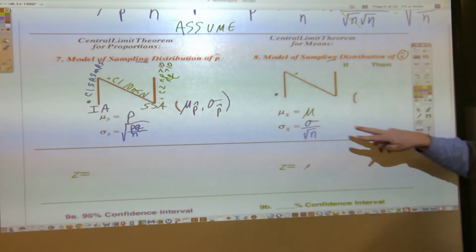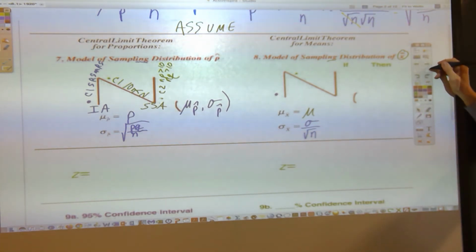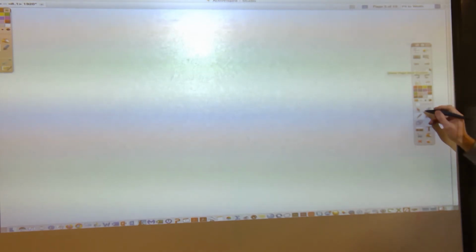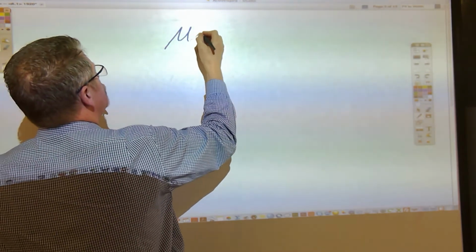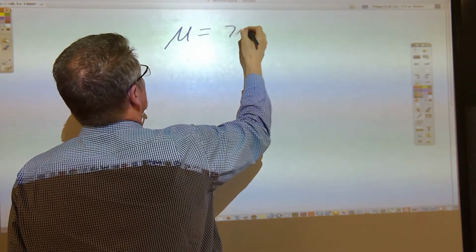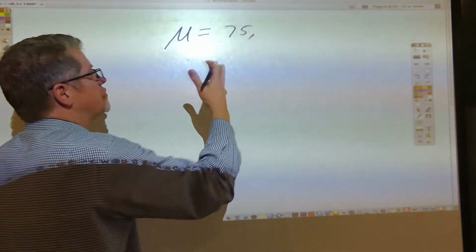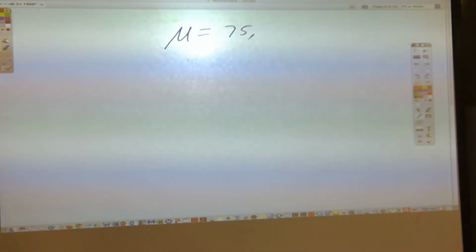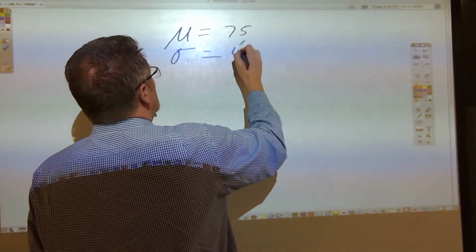So here we go. Here's how Yogurt Day gives us confidence that this standard deviation formula is true. Would you please imagine for a moment that we have a true mean human height of 75 inches. Suppose the true standard deviation is 4 inches.